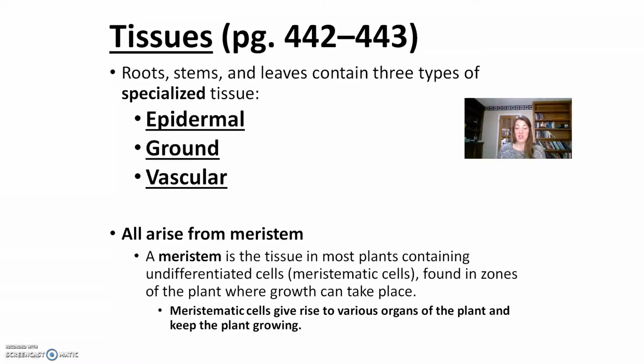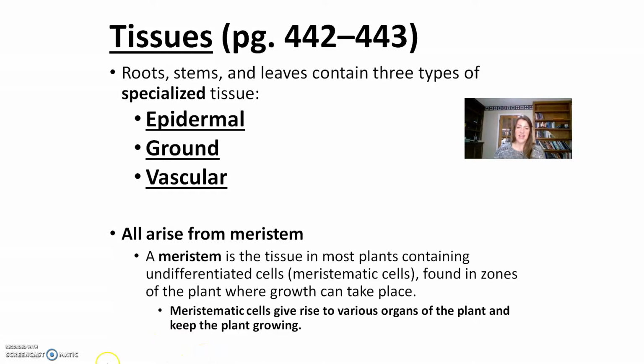This meristematic tissue gives rise to plants because it has undifferentiated cells. They have all the genetic code to be epidermal, ground, or vascular, and it just depends where they are within the plant. When they mature, they become those three types of tissues.